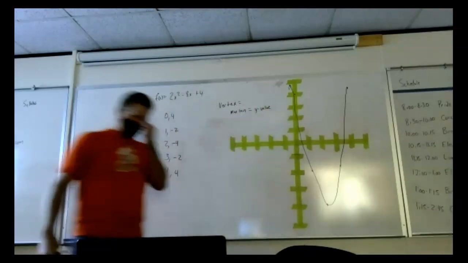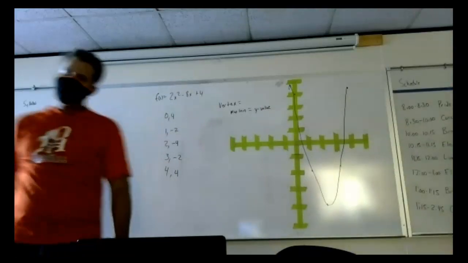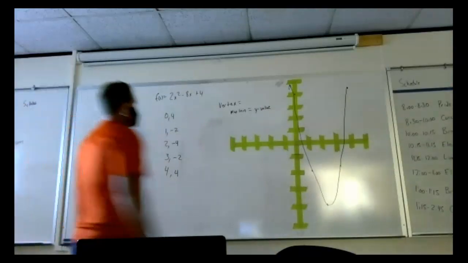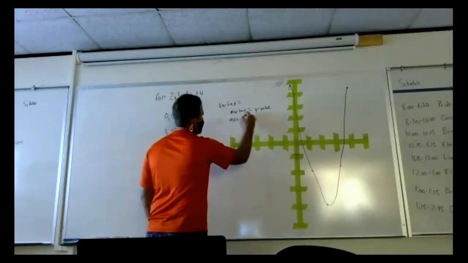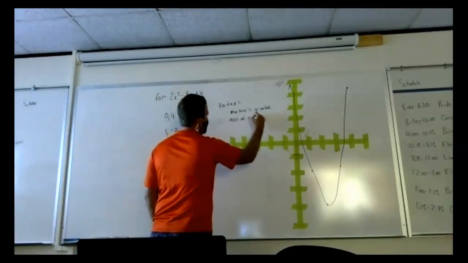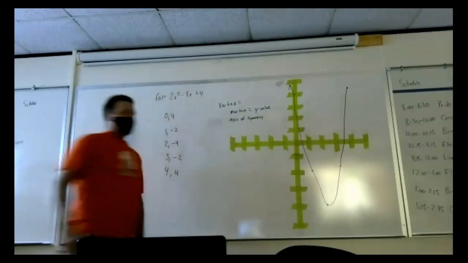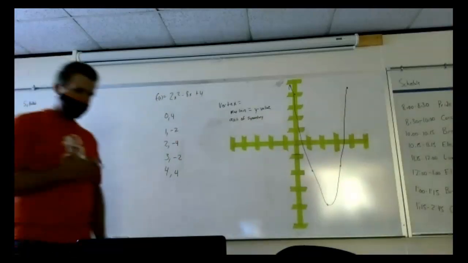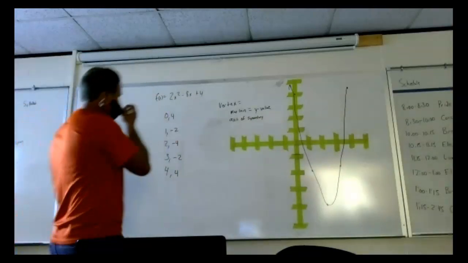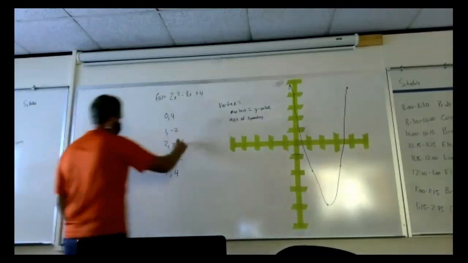But the cool thing about this is this also provides what's known as the axis of symmetry. And the axis of symmetry is what allows you to quickly graph these. It allows you to do half of the work.